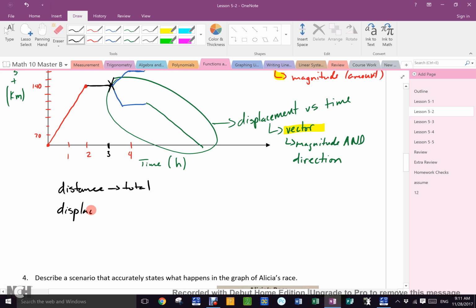Displacement has a direction. And the direction is always on a graph. What are the only directions we can do in math? Nope. Oh, you're closer with side to side. Positive and negative. That's the only directions we can do in math, right?